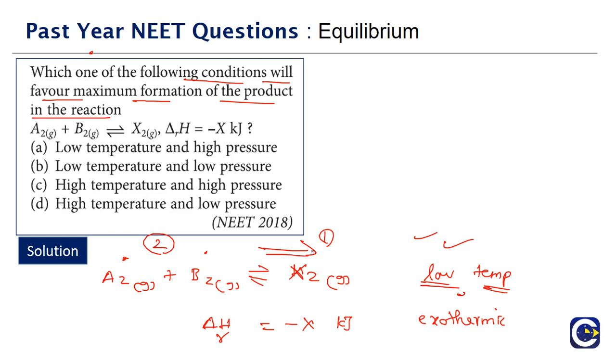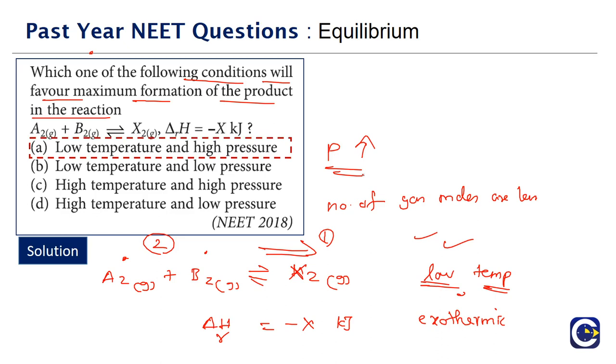We want the reaction to proceed to the product side, which means we want to make sure the reaction proceeds in a direction where the number of gas moles is less, and that happens when the pressure of the system is increased, because when the pressure is increased, the equilibrium moves in a direction where the number of gas moles is less. So in terms of pressure the condition is high pressure, and in terms of temperature we must have low temperature. So the favorable condition is low temperature as well as high pressure. In these conditions we will be able to have the maximum amount of product formation.